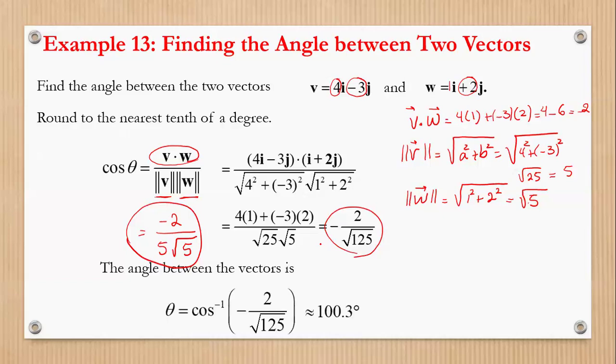The cosine inverse of that number is 100.3 degrees. And when it says rounded to the nearest tenth of a degree, that means just one digit after the decimal point. So the angle between these two vectors is around 100 degrees.